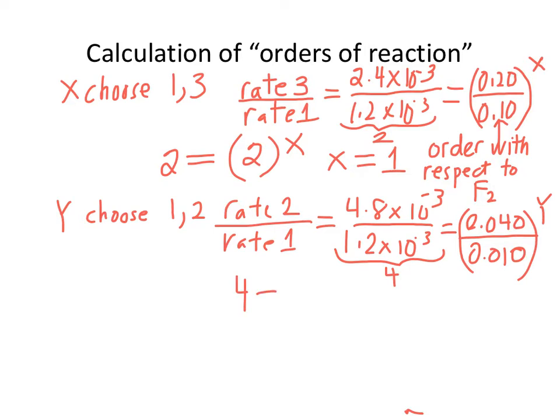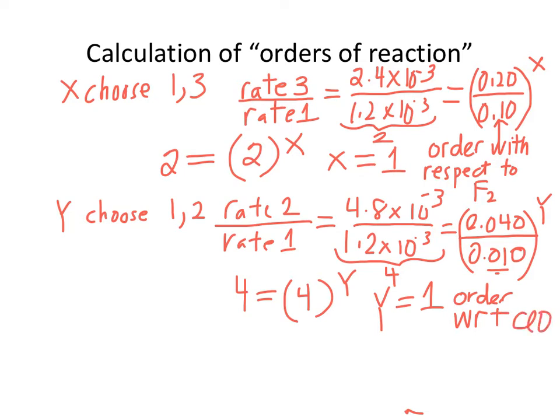So 4 equals, and this is 4 right here. This is 4 to the Y. Therefore, Y equals 1. So this is the order. And when we write the word with respect to, you can abbreviate it with WRT, and that'll be ClO2.